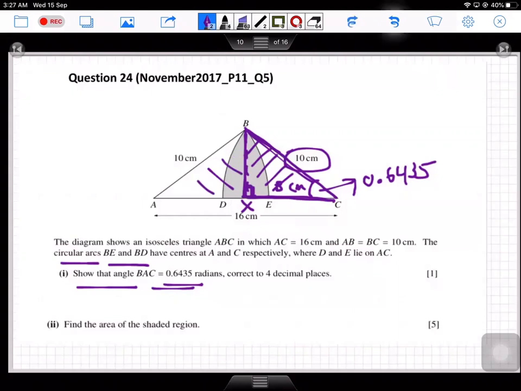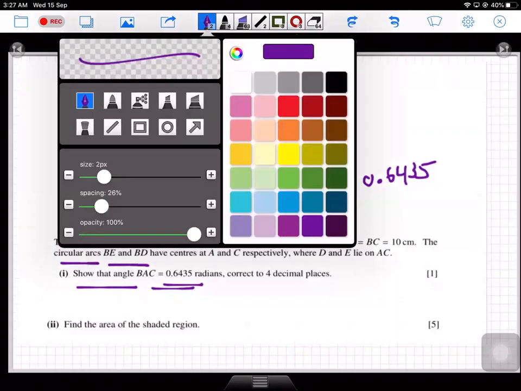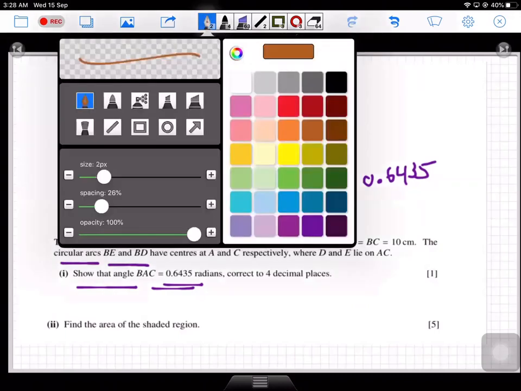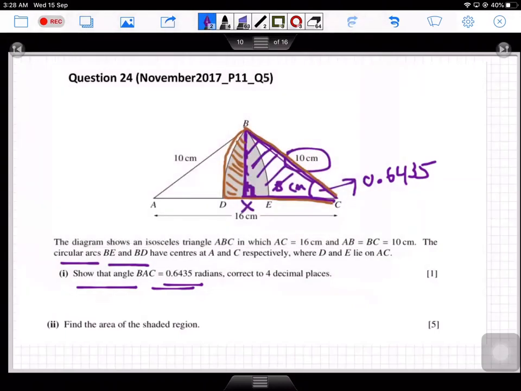Now we can actually find the area of this region, which I just shaded in orange. How? Since we have the area of the sector BDC, from that area we subtract the area of this right angle triangle which we just found.